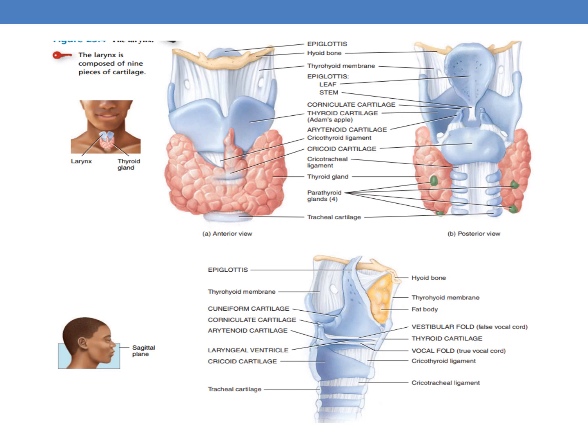This one is the cuneiform cartilage, the corniculate cartilage, and these are the arytenoid cartilages. This is the cricoid cartilage, which is the landmark for the tracheostomy. This one is the cricotracheal ligament and this one is the cricothyroid ligament. And this is the tracheal cartilage.